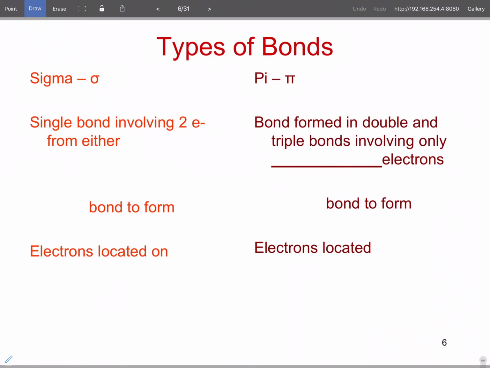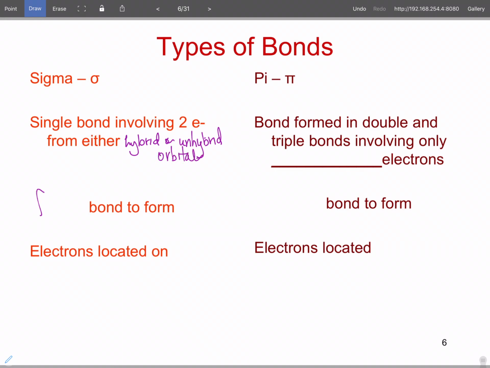So that brings us to the types of bonds. Well, the first bond is the sigma bond. And it's a single bond involving two electrons from either hybridized or unhybridized orbitals.